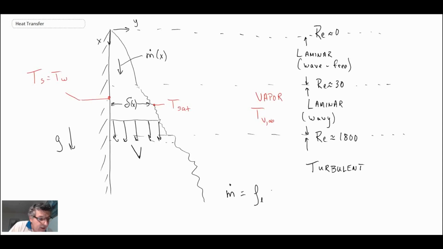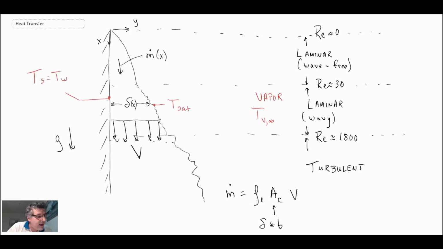The A here is, remember, the cross-sectional area. For example, if you have a vertical plate, that's going to be delta times B, where B would be the width of the plate. That will also be multiplied by capital V, which is the bulk velocity of the fluid going through.